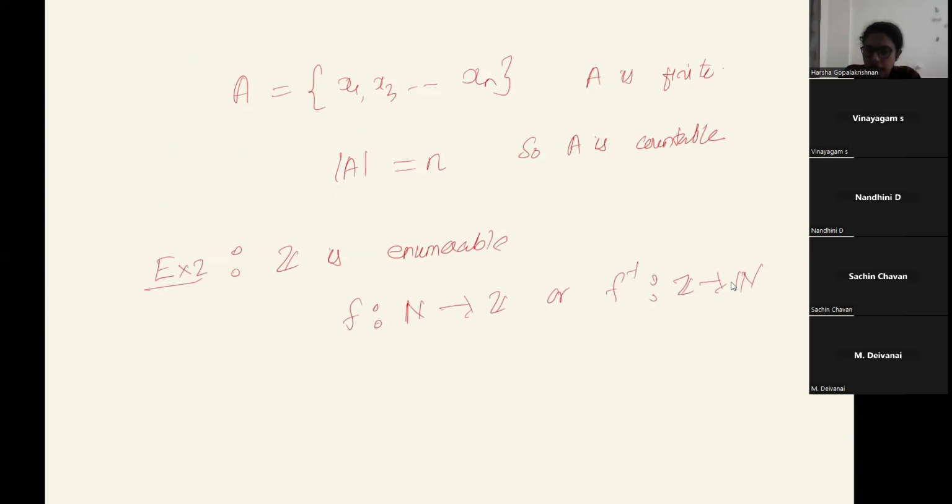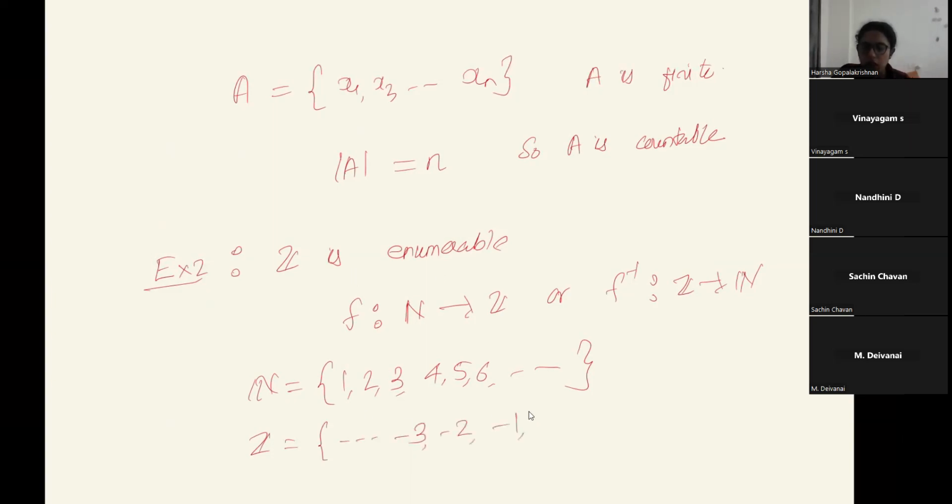is mapped. For example, okay, I will not give the explicit form of this map f. For example, suppose n equals 1, 2, 3, 4, 5, 6, etc., and z is the integers.